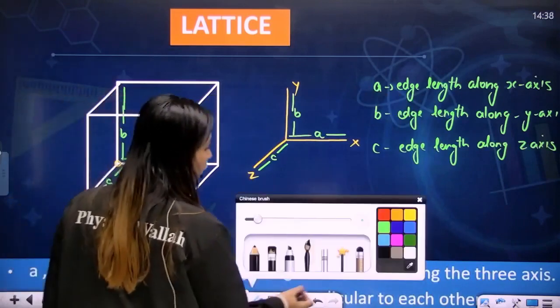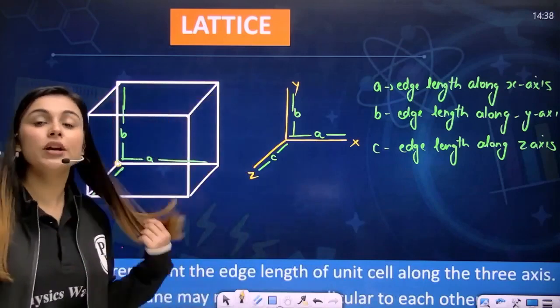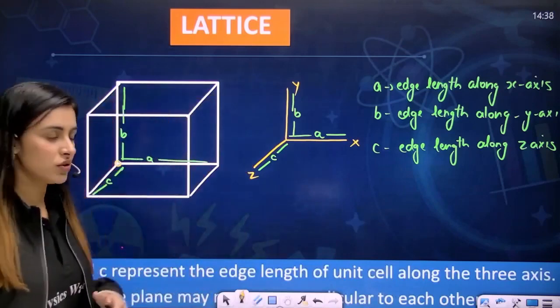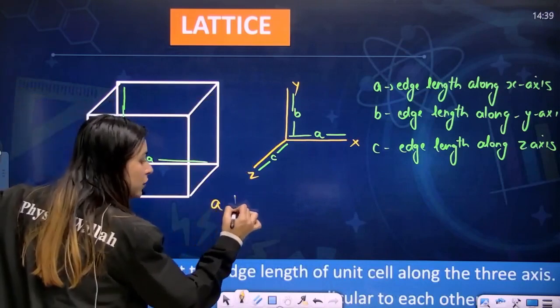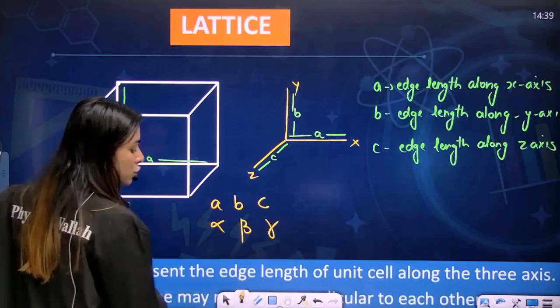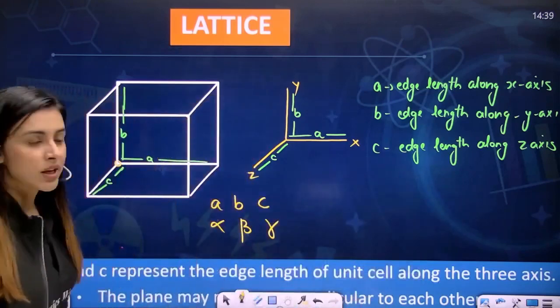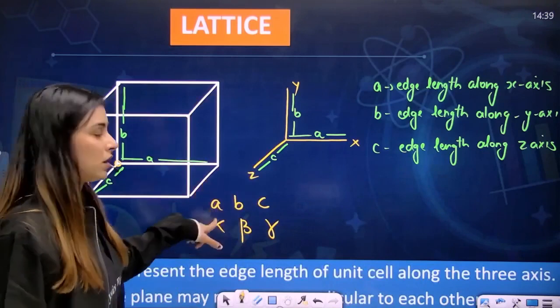After that, my dear students, I'll just let you know a trick. With that, you can also find the angles between the edges. So you write A, B, C, alpha, beta, gamma. Now, how can you find out which angle is which? Let's say I want to see the alpha angle.